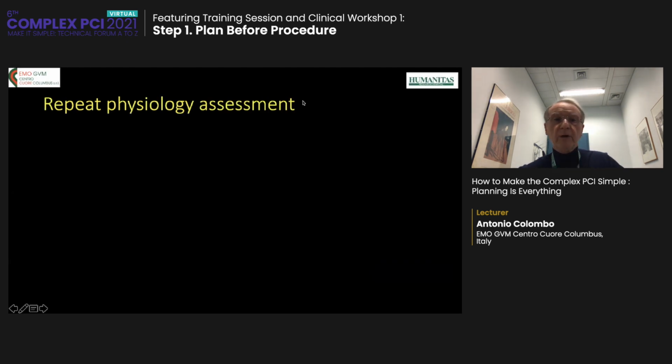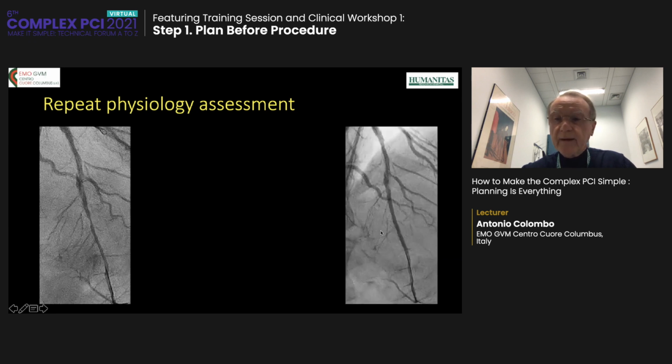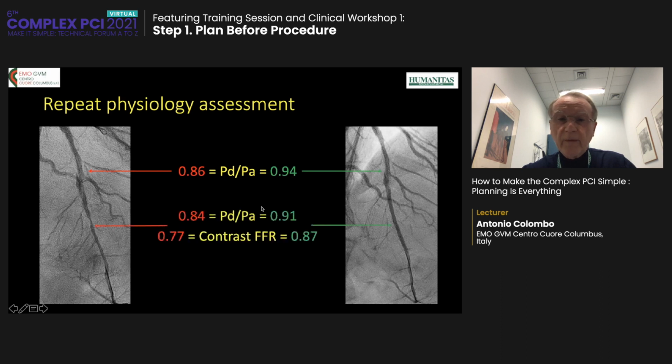Let me show you what we did for the physiology evaluation. This was the original dissection with disease distally. This is the final result. The pressure gradient moved from 86 to 94. Distally was 84, then 91, and we did a contrast FFR that went from 77 to 87.